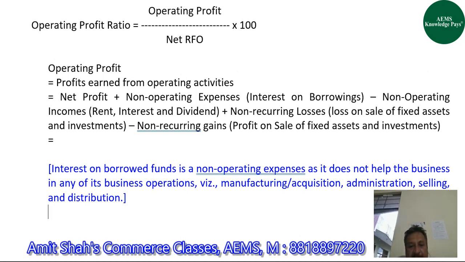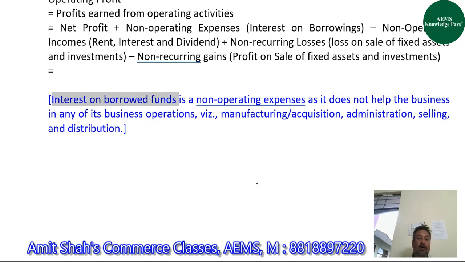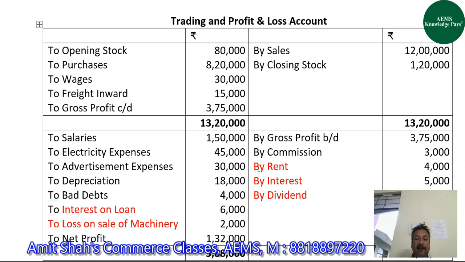These questions are asked in interviews, guys. Post MBA or post CA. Sir, why is interest a non-operating expense? Interest on borrowed funds. Or why are these three incomes non-operating?